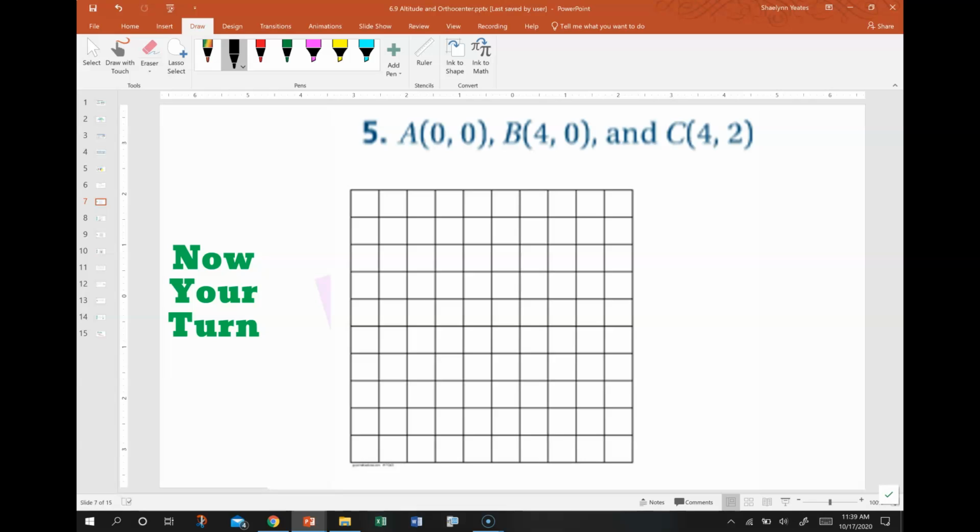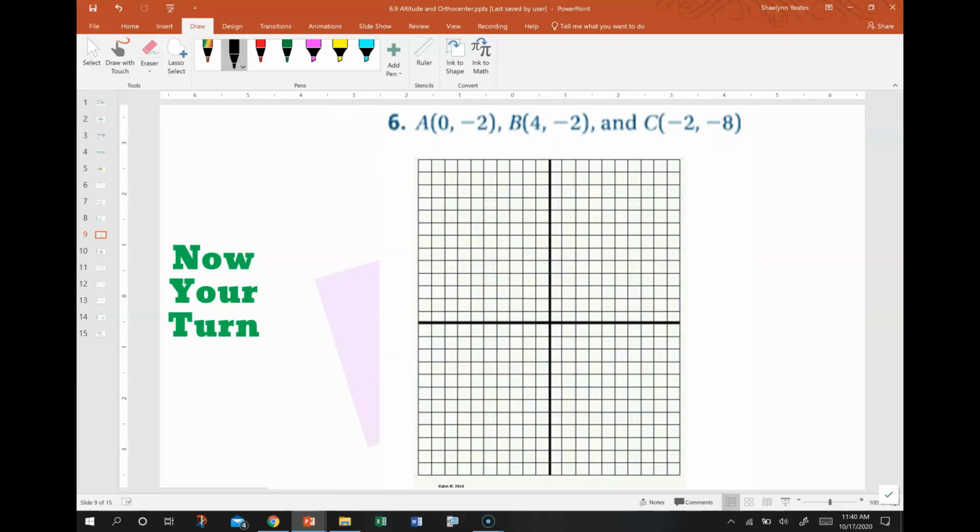So now I want you to try this on your own. You'll plot this one, and it turns out kind of nice. You'll plot the point 0, 0, the point 4, 0, and then the point 4, 2. This one should turn out super nice and fairly easy to do. Go ahead and try that one.